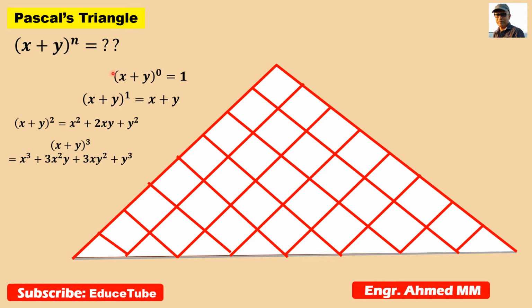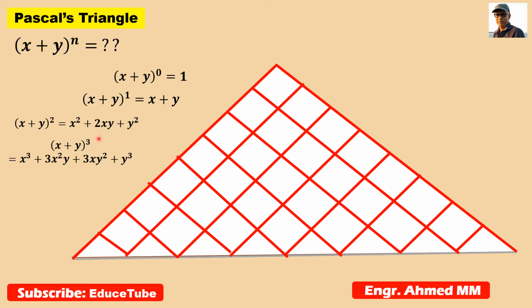When the power n is small, say like 2, 1, 3, it is easy to get the expression.